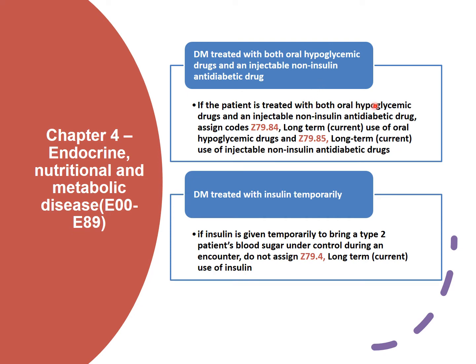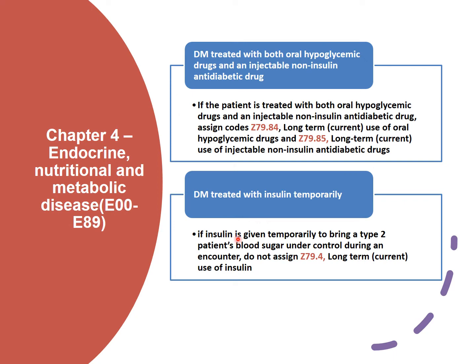If the patient is treated with both oral hypoglycemic drugs and injectable non-insulin antidiabetic drugs, assign G79.84, long-term use of oral hypoglycemic drugs, and G79.85, long-term use of injectable non-insulin drugs.